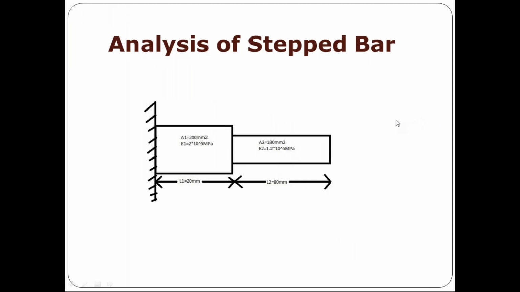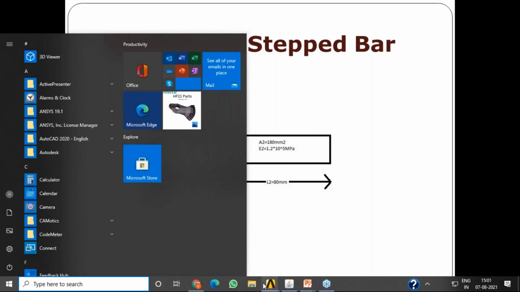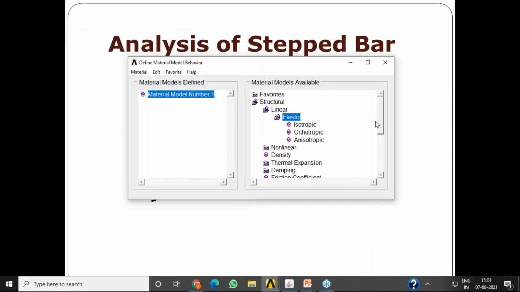Which material have you assumed? Isotropic, anisotropic, or the third one? Orthotropic. I think the difference between isotropic, anisotropic, and orthotropic is known to you.